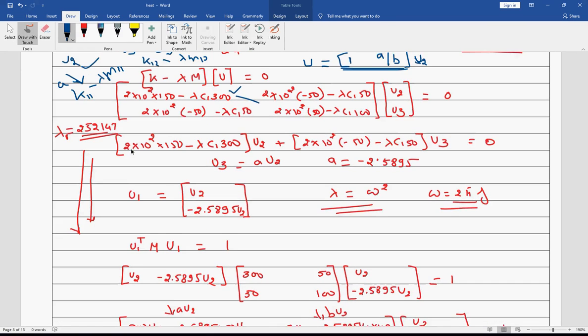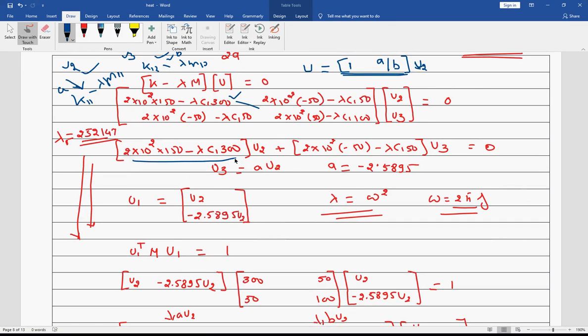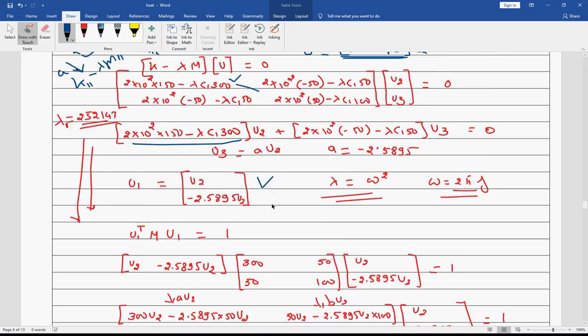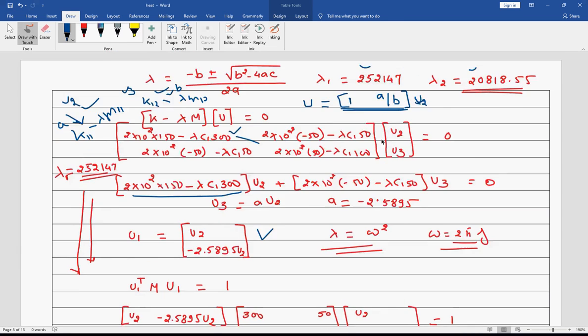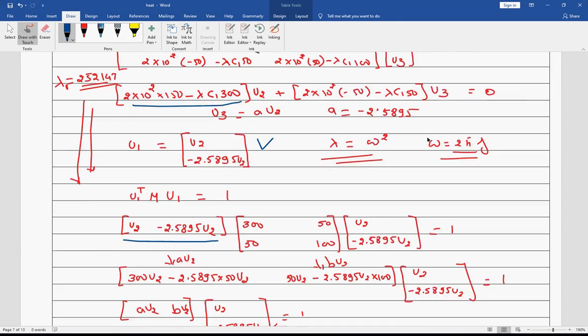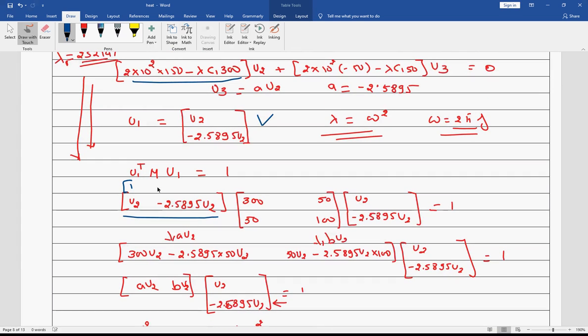So now next thing is, so here this is what I got. So this is my u. This is my u, and this is how I write u. So u is common because I have already taken u to be common. So this I can write as 1, and this I can write as a by b, and this matrix is m.